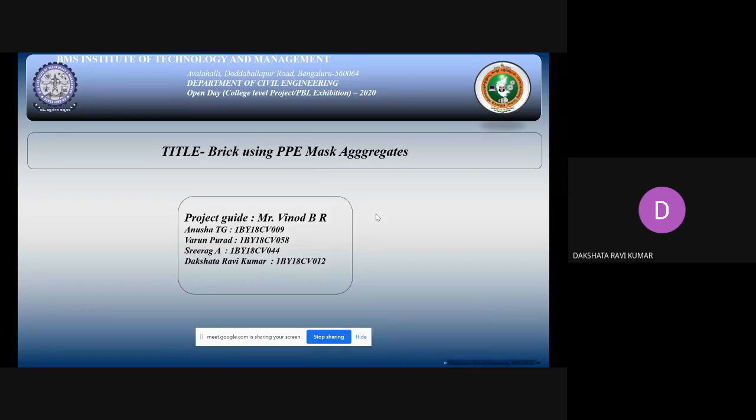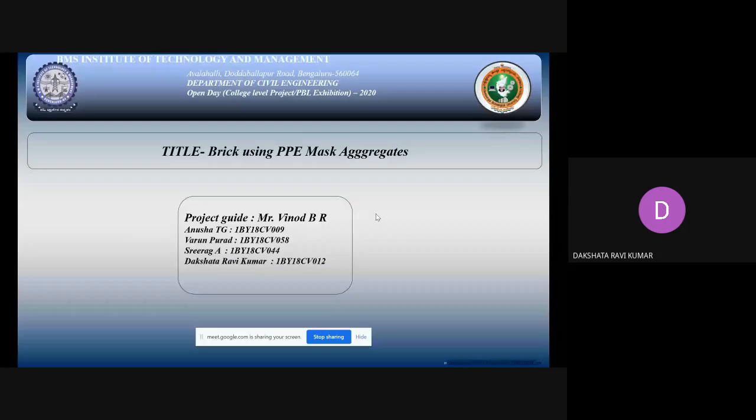As one step to help, we have used this material in our bricks. To give you a sense of scale, in just the month of April, 20,000 tons of COVID-related biomedical waste were generated in India itself. So we as a team have taken one step towards helping with this environmental pollution.